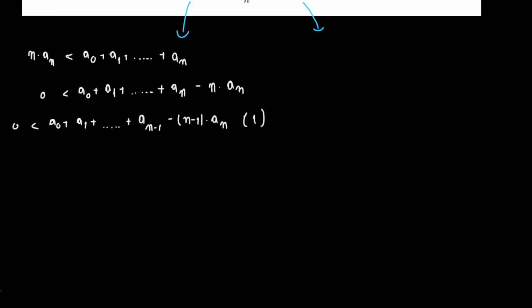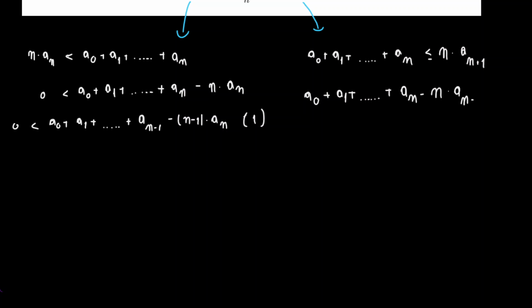I'll have a_0 plus a_1 plus ... a_n less than or equal to n times a_{n+1}. So I will have that this sum is less than or equal to 0. This is relation number 2.